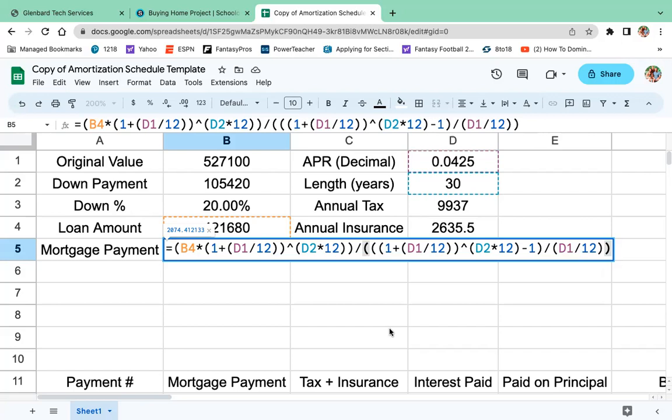Okay, so if I'm looking at this formula, I know that I'm gonna have parentheses for the top, and then I'm gonna have divided by parentheses for the bottom. Let me see if I can try to use as many colors as I can.